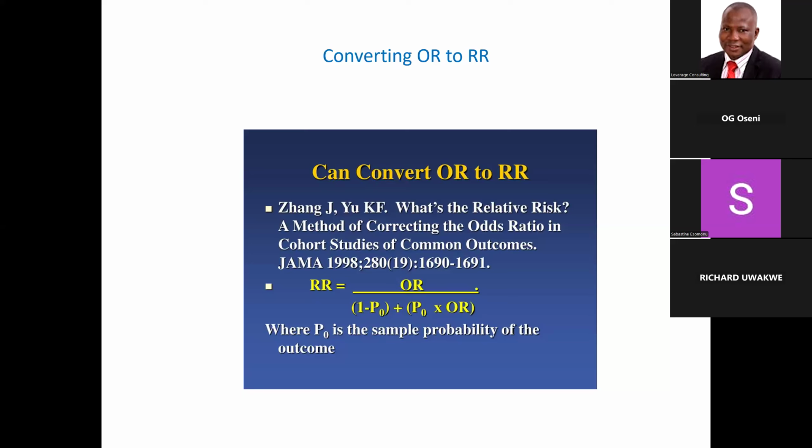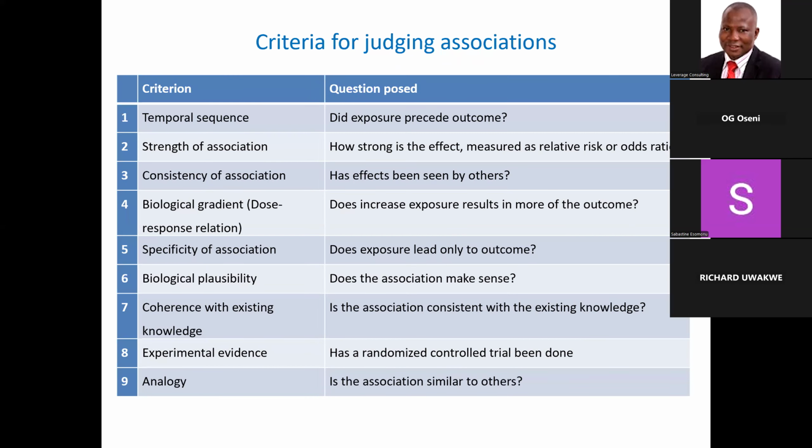So now the last thing we want to discuss is the criteria for judging association. You did your relative risk, it's 5, it's 10, it's 20, whatever value. How do you judge? Is that value, yes, the thing is causing, or no?